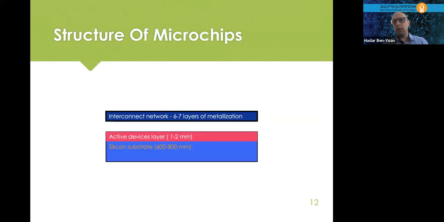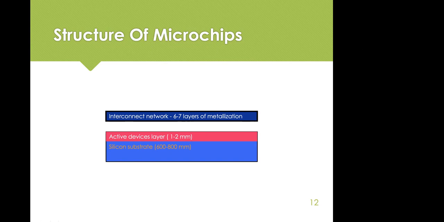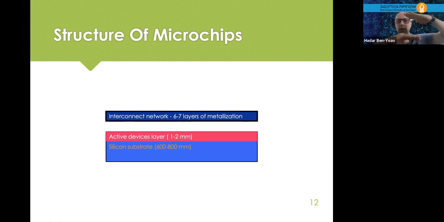Now, when we look at the structure of a microchip or semiconductor, we see layers. The whole structure is based on layers. So we have a silicon substrate, or a substrate of different materials. On top of it there's the active device layer that is conductive, and on top of it there is the interconnect network that connects between the active device layer.